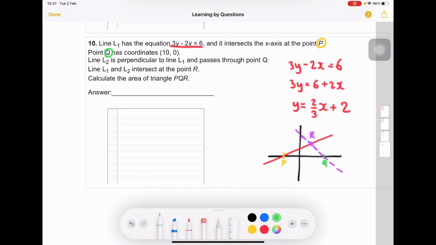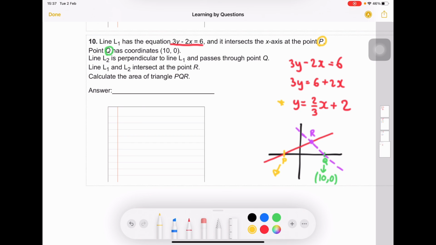Okay, so we know that the coordinates of Q are 10, 0. Let's work out the coordinates of P. So this is when x equals 0. So I'll write y equals 2 over 3 multiplied by 0 plus 2. So y equals 2. Sorry, that is wrong. What I'm doing right now is wrong. I need to set y equals 0.